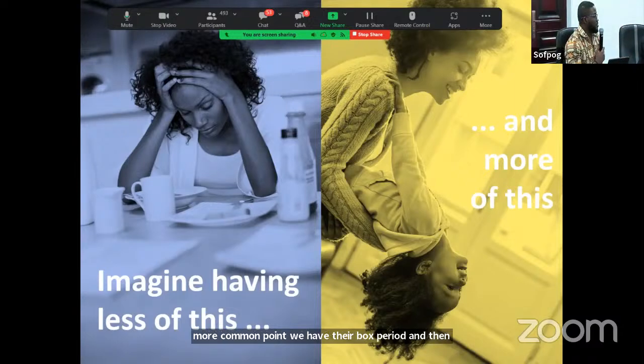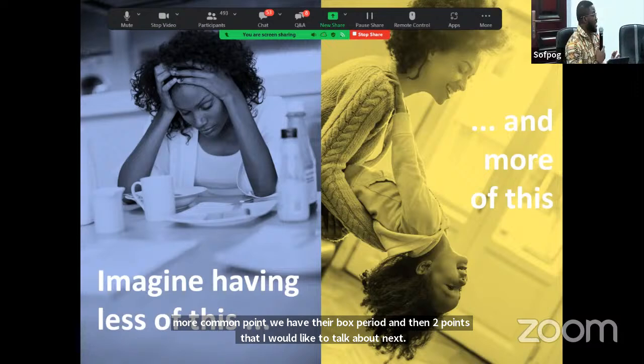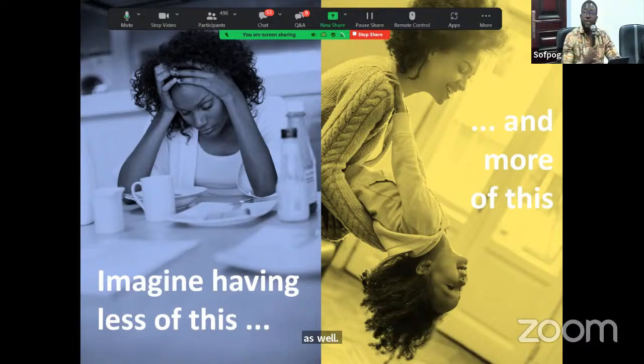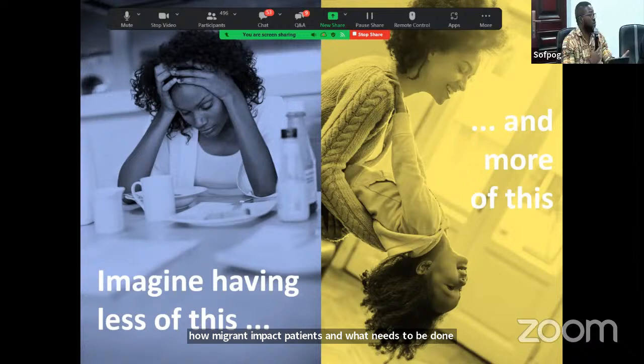I would like to first and foremost thank all the speakers, Dr. Damoa, Dr. Odlova, and even my colleague from Novartis as well. I think there has been a lot of conversation on how migraine impacts patients and what needs to be done as clinicians and as the healthcare team to help manage patients who have this condition. Imagine having less of the lady on the left and more of the lady on the right.